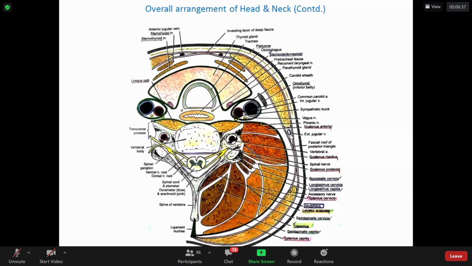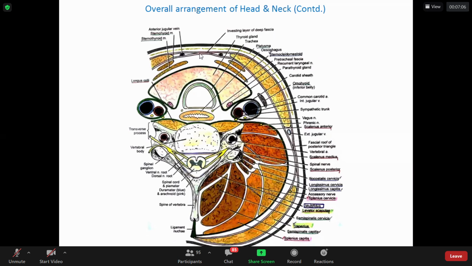This is the location of the external jugular vein, whereas the anterior jugular vein lies in the same layers of the investing layer in front of the anterior margin of the sternocleidomastoid attachment. This is the anterior jugular vein, and these two are joined together in between through the jugular venous arch in front.